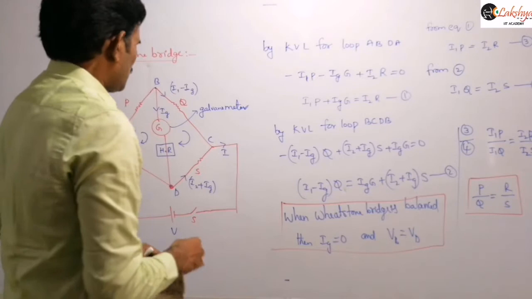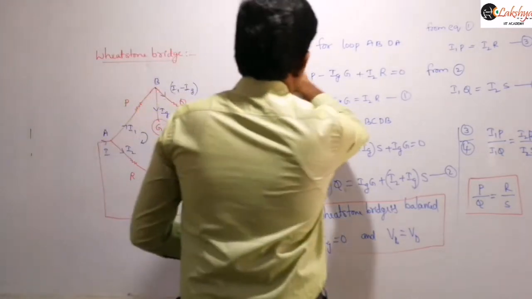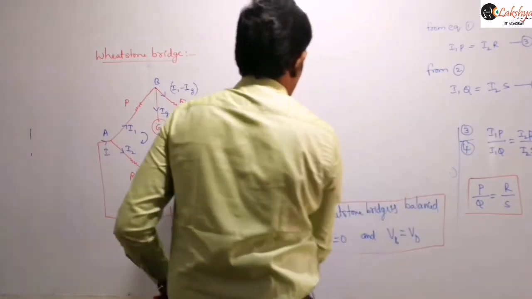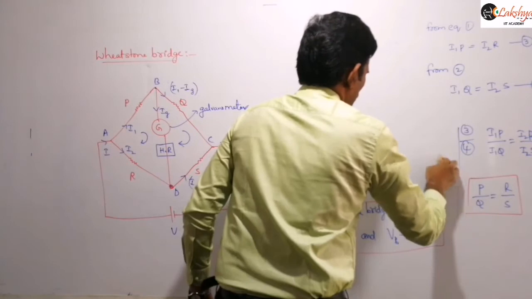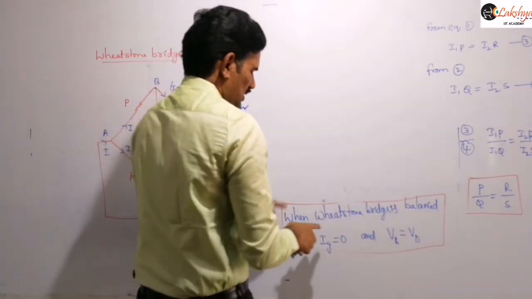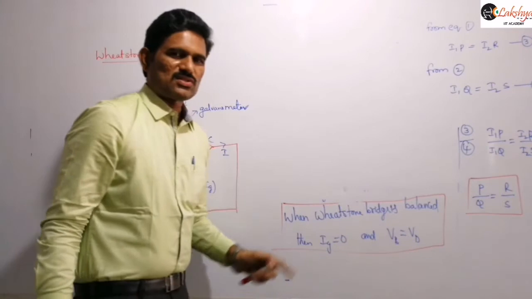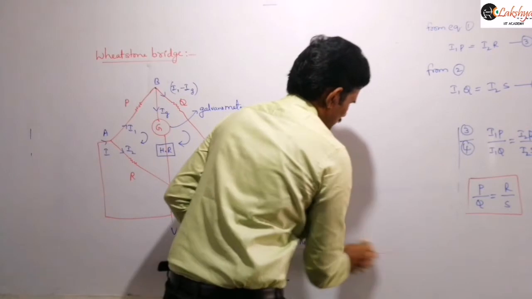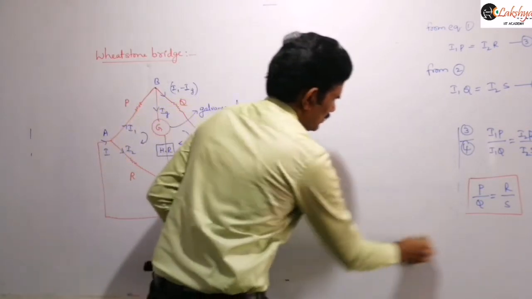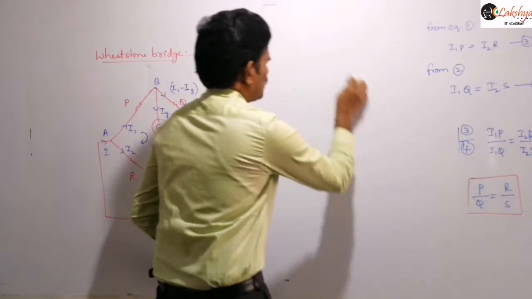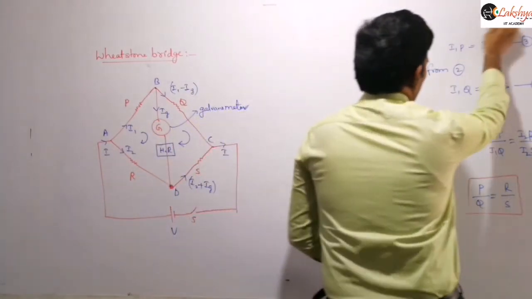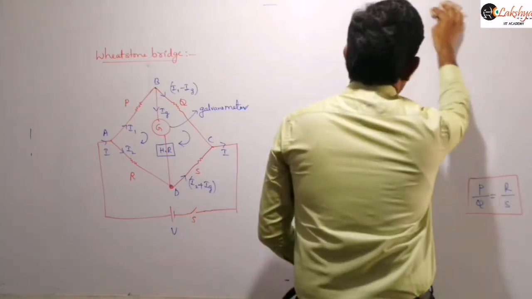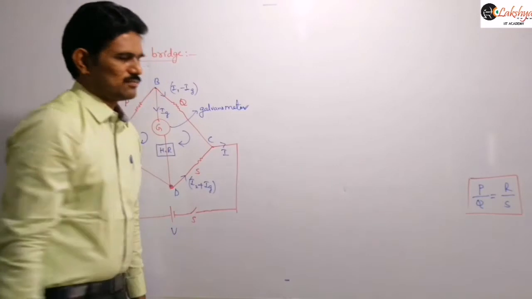Next, let us see some other points regarding this Wheatstone bridge. If Ig is equal to 0, then that condition is satisfied, or if that ratio is satisfied, then Ig will become 0. Note that the above relation is called the balancing condition for the Wheatstone bridge.